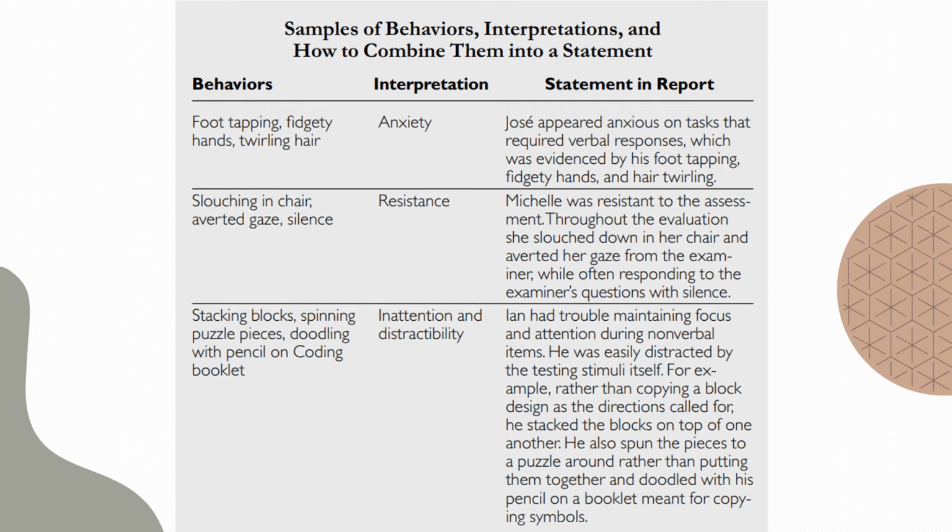Well, as you can see here in the slides, here are some examples of behaviors, interpretations, and how to combine them into a statement. These examples of other behaviors and interpretations illustrate how to combine them to create a clear description of behavior.